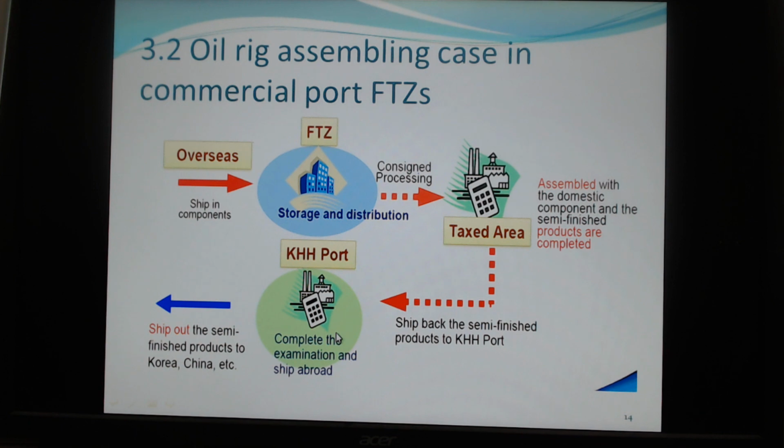Here is our assembly, and also imports another OC product, and to some tax area, because they can assemble in some industrial park, and when they become the finished goods, we export to another place.